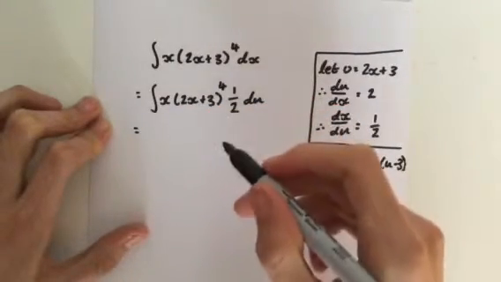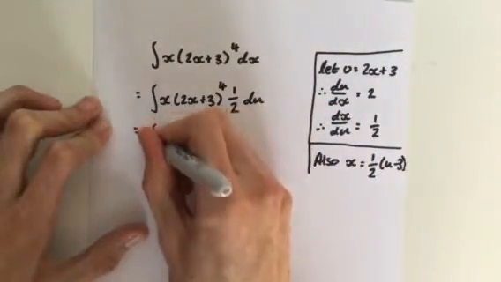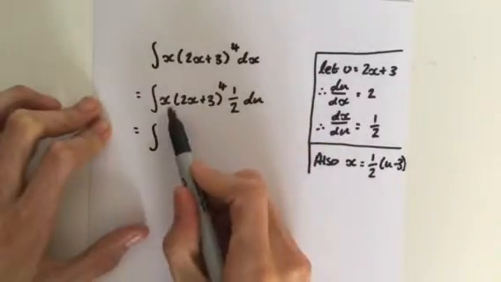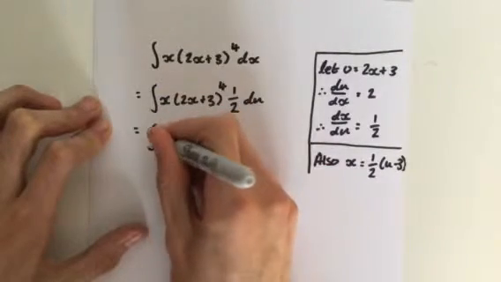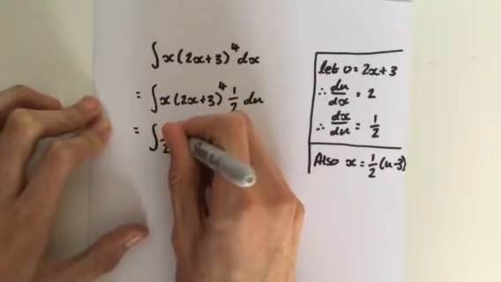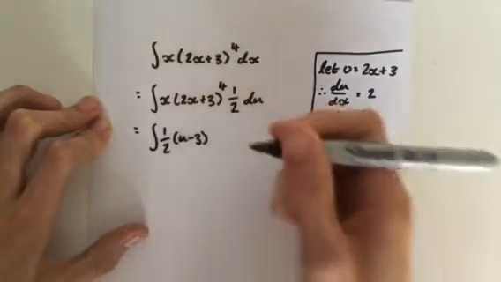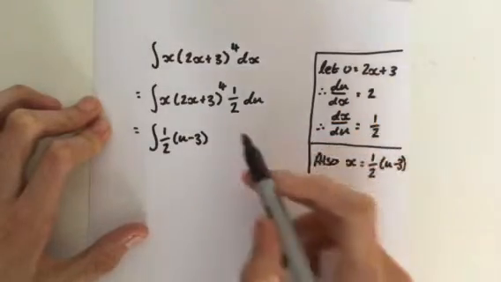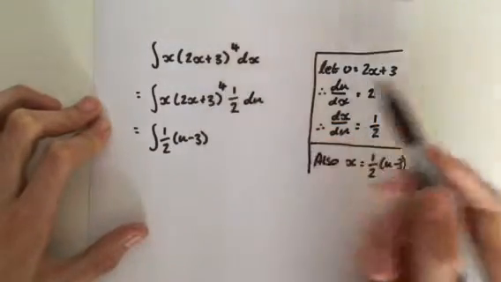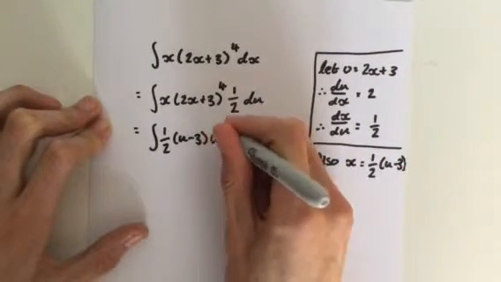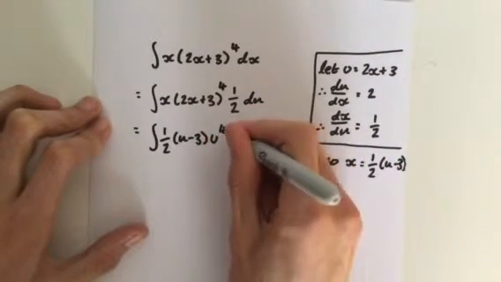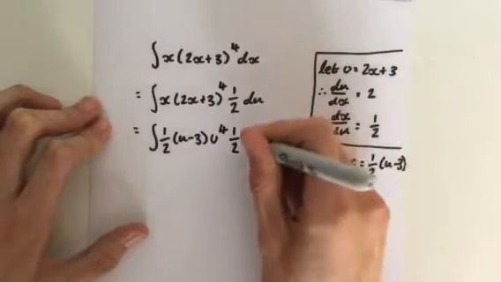Now, what we need to do first is solve for x. X is a half (u minus 3). So we put that in there, half (u minus 3). Then we multiply that by (2x plus 3) to the power 4. But u is 2x plus 3. So we get u to the 4 multiplied by a half du.